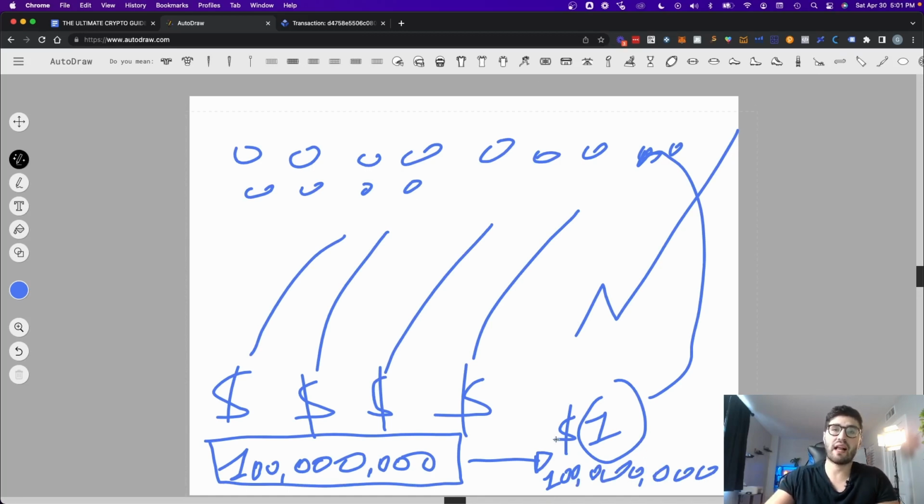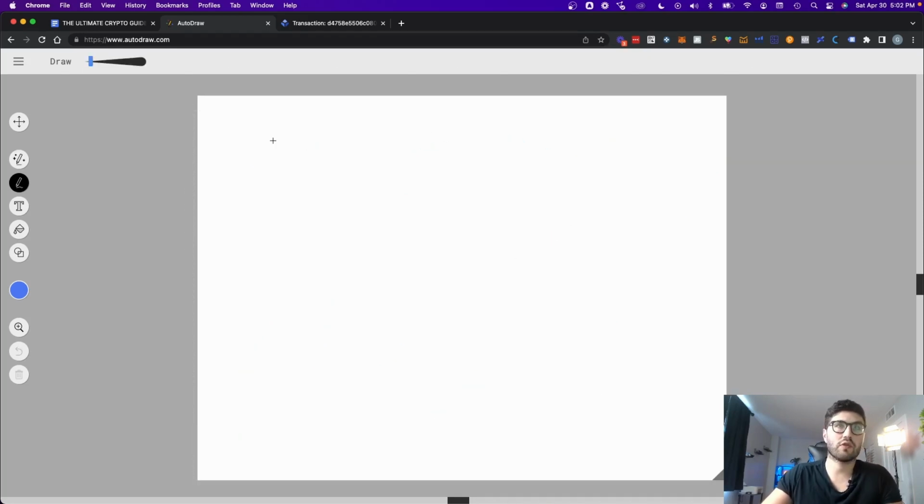So that's why a lot of people are very confused about this. Oh, it will reach $1 one day. Oh yes, it will reach $1, but you have to understand what is the supply. So that's massive. And that's what a lot of people don't understand.